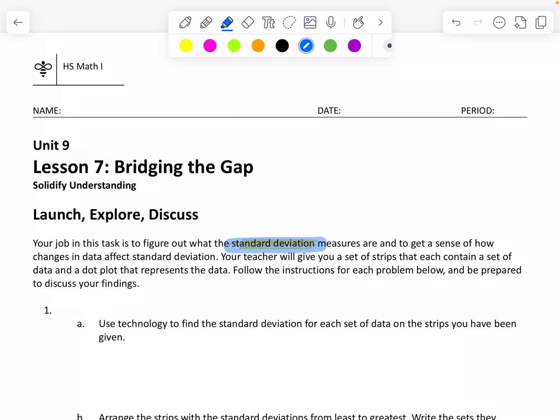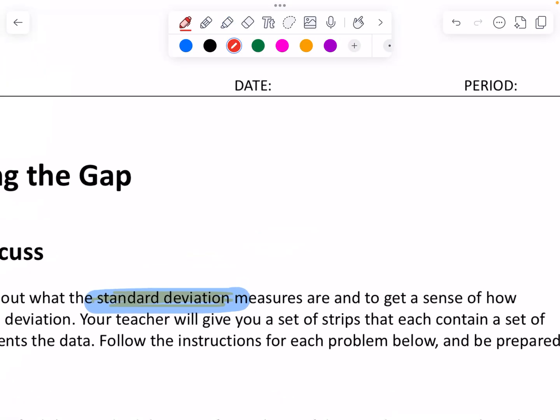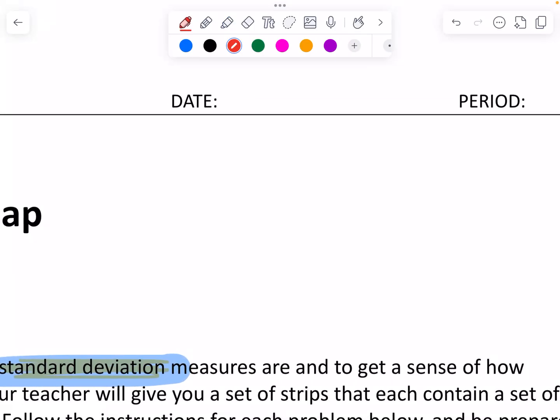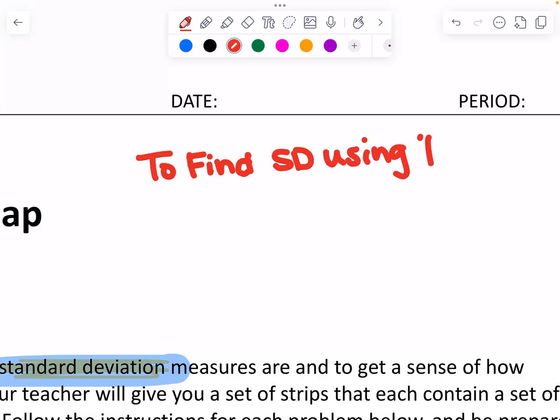And I'm going to, in this white space up to the right, make a list of how to use the Desmos graphing calculator to find the standard deviation. Okay, so let's do that right here. To find standard deviation using Desmos.